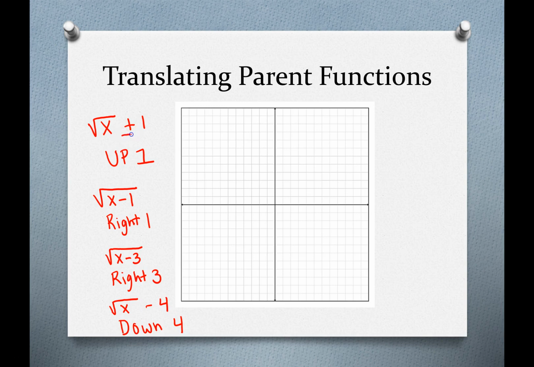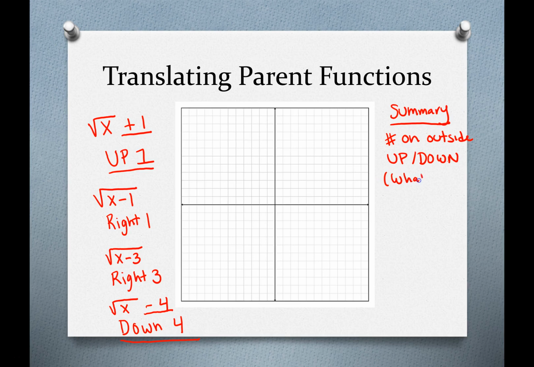Well, notice how the plus 1 is on the outside, and that's going to be an up 1. Notice here how the minus 4 is on the outside, that's a down. So a summary is if I have a number on the outside, it's going to be an up or a down. And it's exactly what you think it is.